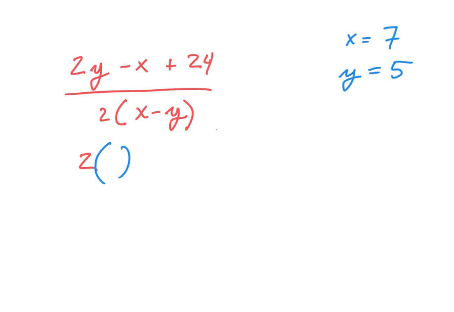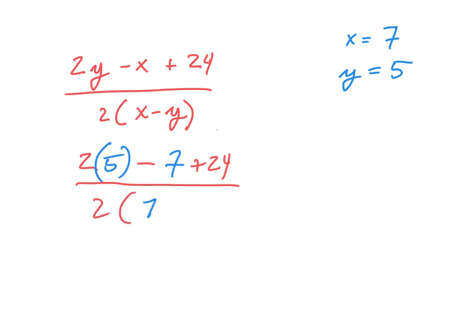The y value is 5. Then minus 7 plus 24, all over 2 times, and then my x is 7 and my y is 5. Did I substitute everything in there the right way? Looks like I did. Then I start doing my order of operations.